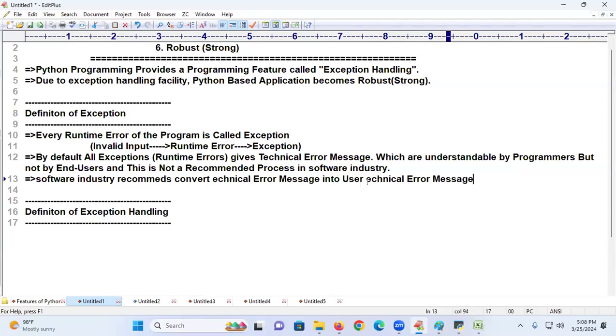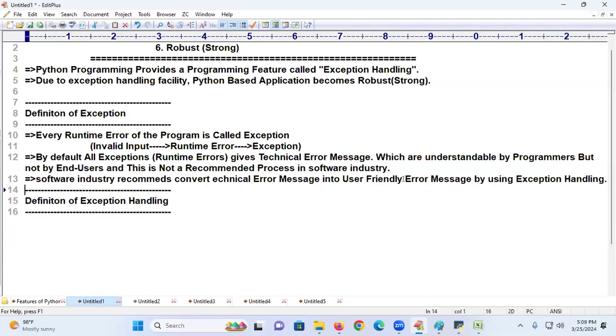Now I am going to take up user-friendly error messages by using which concept? Exception handling. Now I am coming to the definition of exception handling.